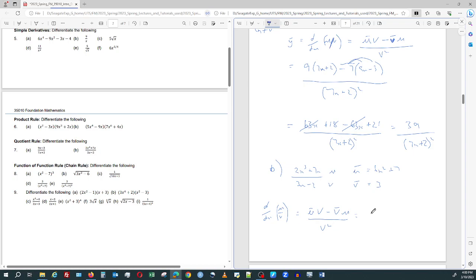So we get 6x² plus 7 times v minus 3 lots of 2x³.